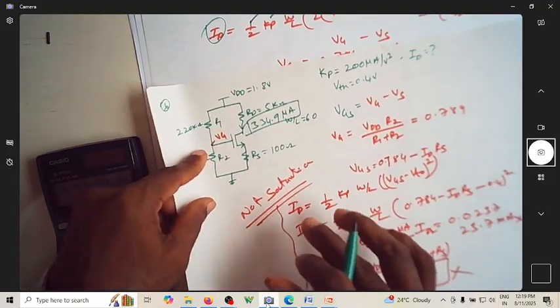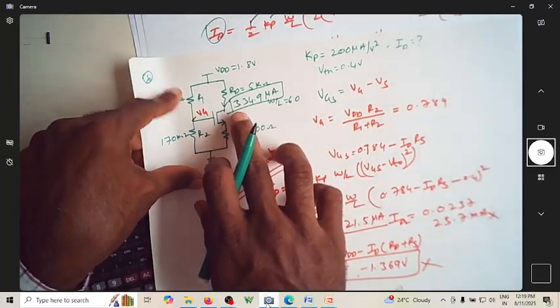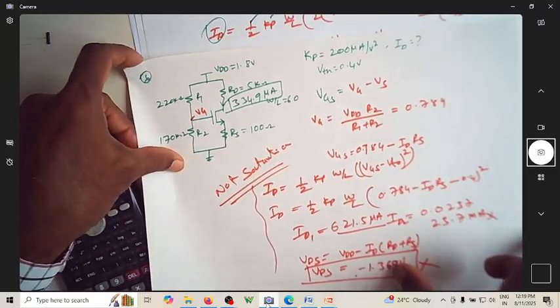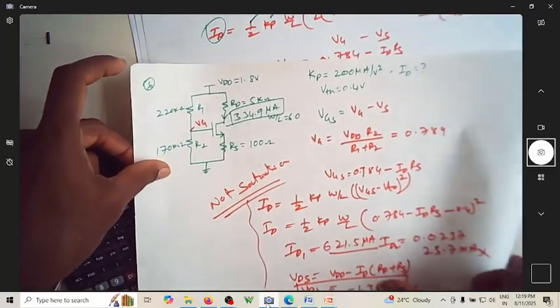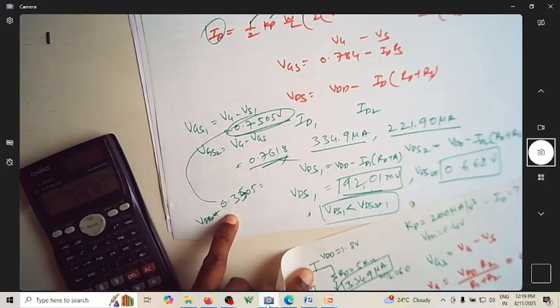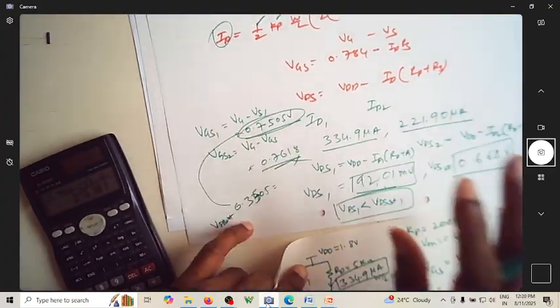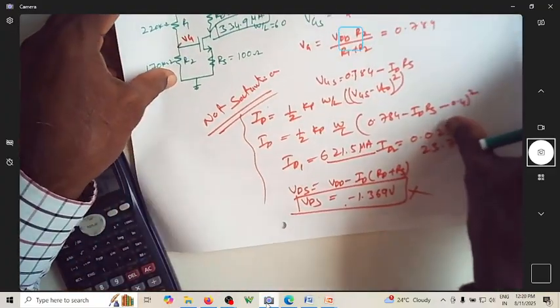I want all of you to verify this current in simulation, and you can certainly find you won't have a current of this much flowing in the MOSFET for this circuit. Again, this answer is electrically not suitable or not possible because these are all mathematical solutions.